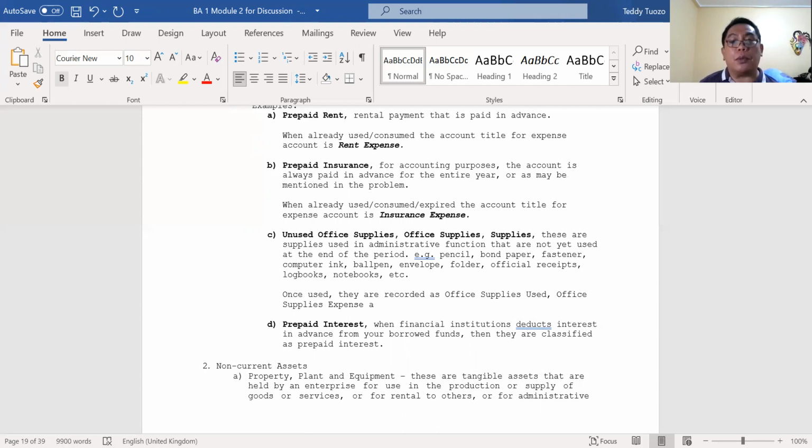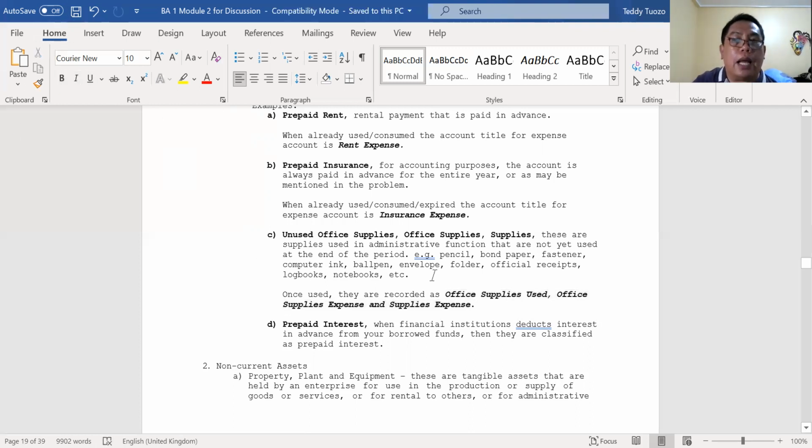And for the asset office supplies, the expense is office supplies expense. And for supplies account as an asset, the expense account is supplies expense. Okay? So it depends on whatever is the account title that you use as an asset account.